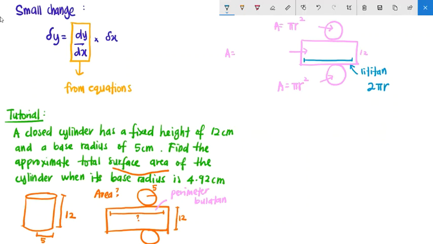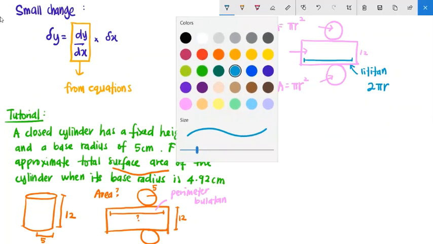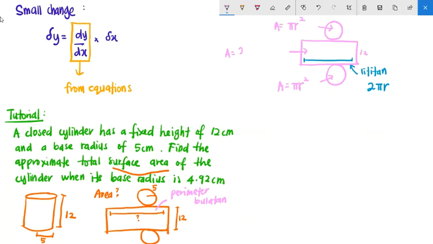Okay. Clear macam mana dapat 2 pi r? 2 pi r ni is circle punya lilitan bulatan kat tepi tu. Okay, jadi 2 pi r sahaja. So untuk area segi empat ini ialah 2 pi r times, okay, length 2 pi r, the width 12. Okay, so kita pun combine.